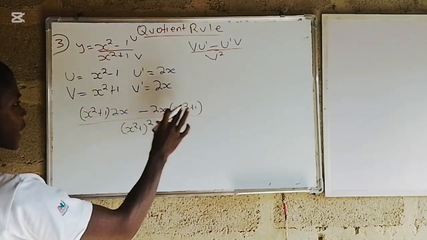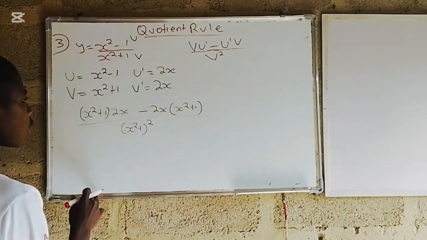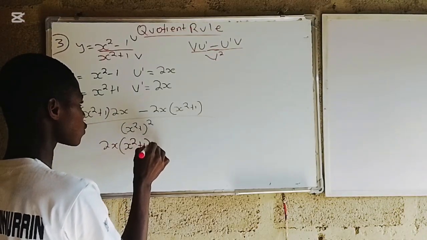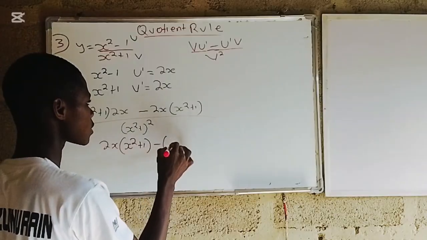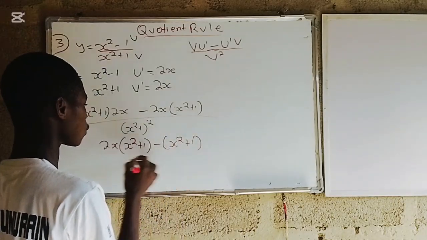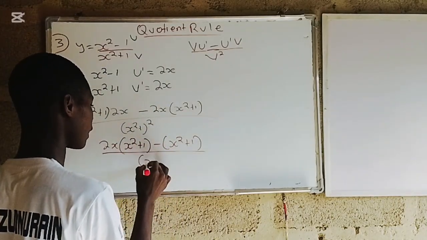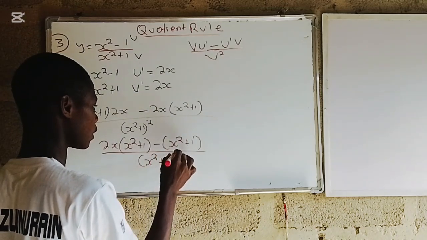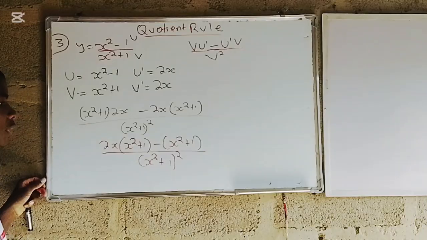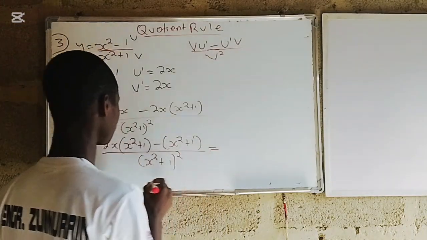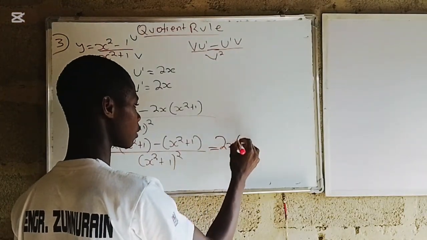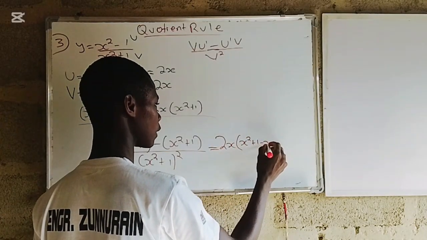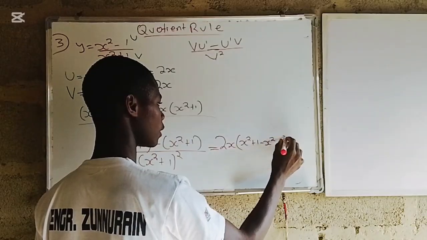So since I have 2x and 2x in common, I can factor it. 2x into x squared plus 1, and then minus x squared plus 1, all divided by x squared plus 1 squared. The next thing I'm going to do, I have to say 2x bracket, x squared plus 1 minus x squared plus 1.